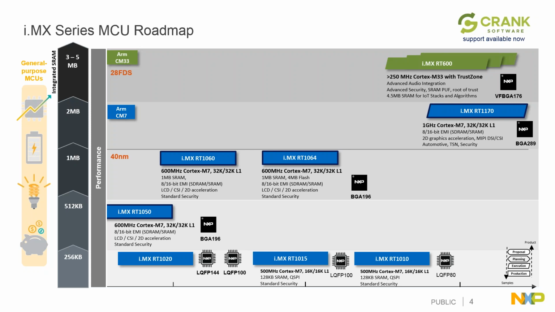It features an enhanced LCD interface, as well as the pixel processing pipeline 2D graphics acceleration engine, which supports functions such as color scaling, overlay with alpha blending, image rotation, and color space conversions. All these features are also included on the RT 1050 and 1064.